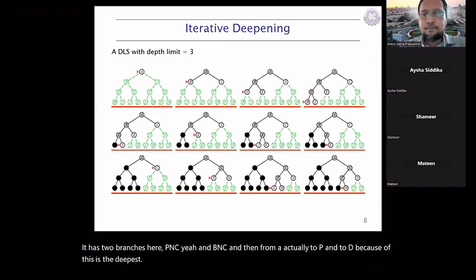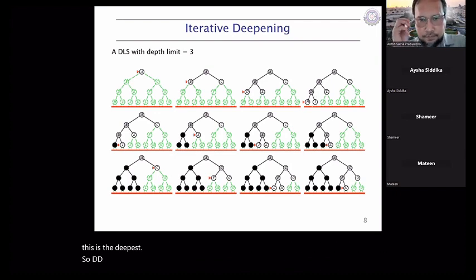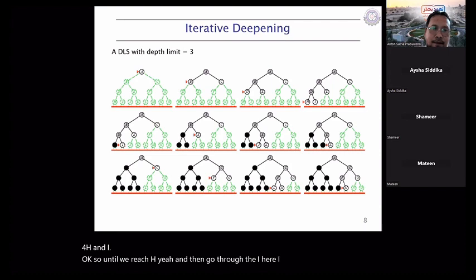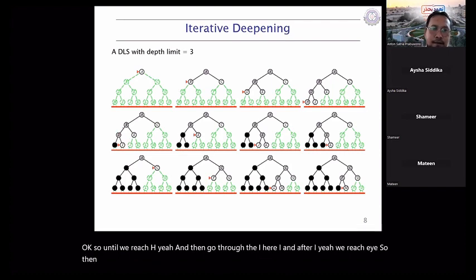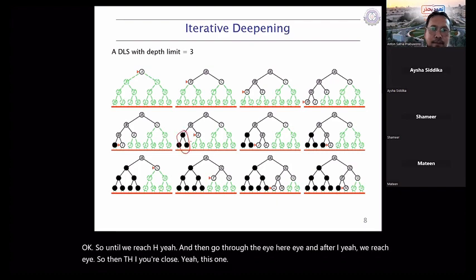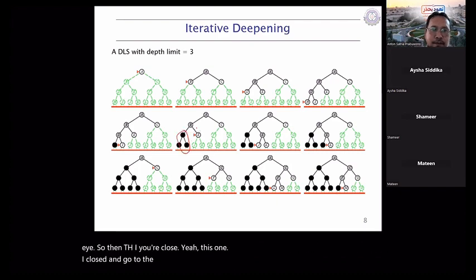D has two branches, H and I. We reach H, then go to I, and after I is closed we go to the next branch of B, which is E. E has two branches, J and K. We visit J, then go to K and visit K.